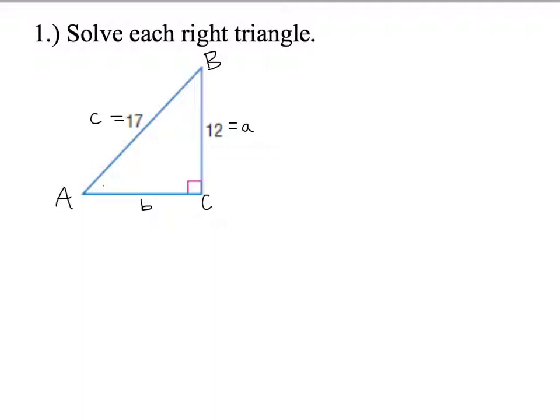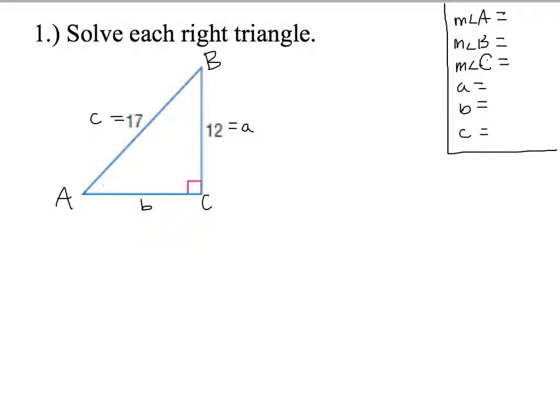We'll just call it angle A. And then I'll set up my answer section up here. So measure of angle A equals, measure of angle B equals, measure of angle C equals, and then little a equals, little b equals, and little c equals.